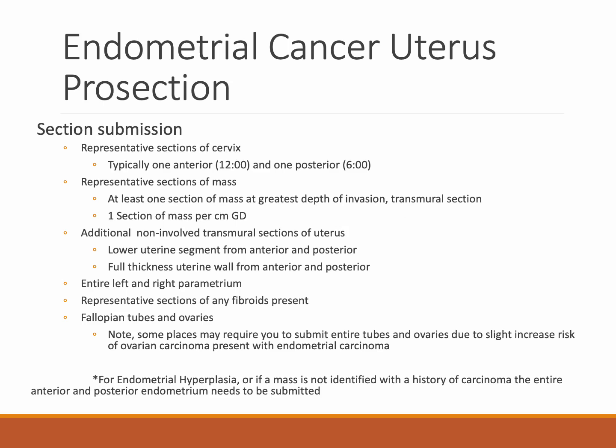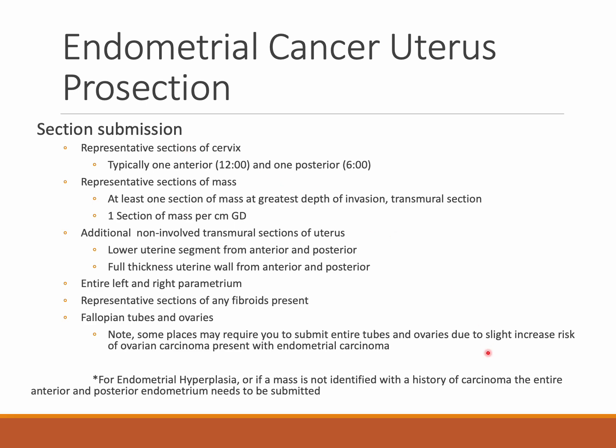Okay, now if you get a hysterectomy that happens to have a history of endometrial carcinoma or possible concerns for endometrial carcinoma, here's the submission you're going to look for that. So we're still going to do our posterior and anterior sections, so that'll include lower uterine, full thickness, and your cervix if present.